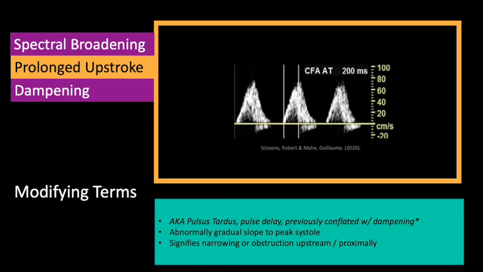Different vessels have different consensus cutoff values if you were to measure this, but for our sake, just recognizing that the upstroke is sort of broad, it looks more like a delta wave with a WPW patient, that's really all I would expect you to know. And just knowing that it can represent a more proximal obstruction is sufficient for our purposes.